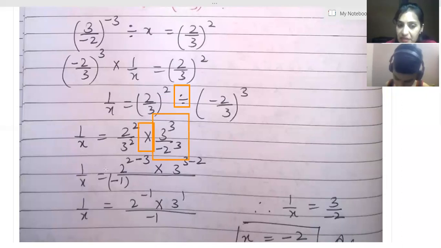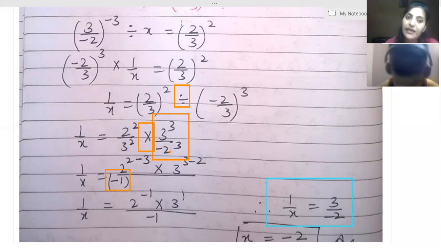Now minus 1 I have taken it outside, so it becomes 2 by 3. So now the bases are same and they are in division, so powers will get subtracted. So 2/3 to the power 2 minus 3, which is 3 upon minus 2. 1 by x is coming, beta, so pay attention, you have to reciprocate the thing. So it will be minus 2 upon 3, minus 2 by 3.